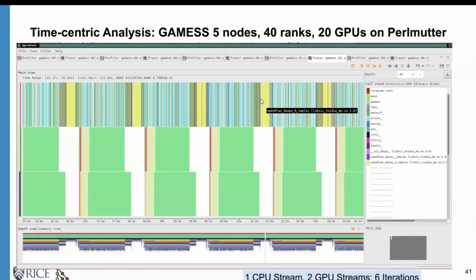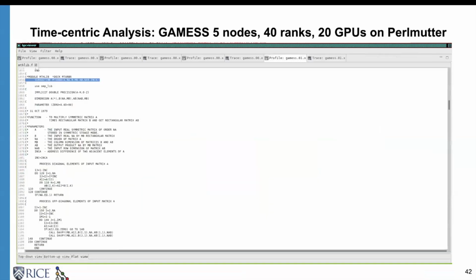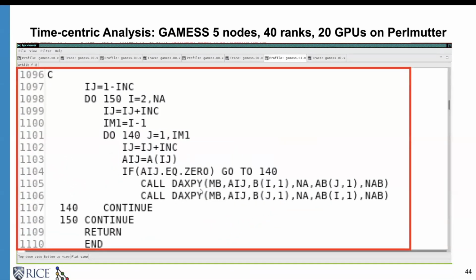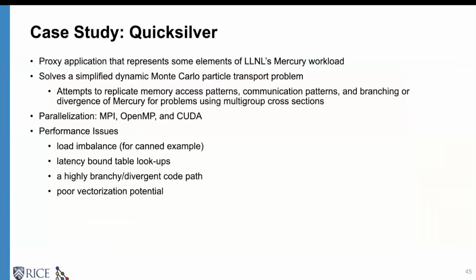By shortening this time, you're reducing the amount of time between the GPU computations, so you're going to be more effectively using the GPU by keeping it less idle. This shows the piece of code, and there are the calls to DAXPY, which is implemented by OpenBLAS. And they did replace this code.